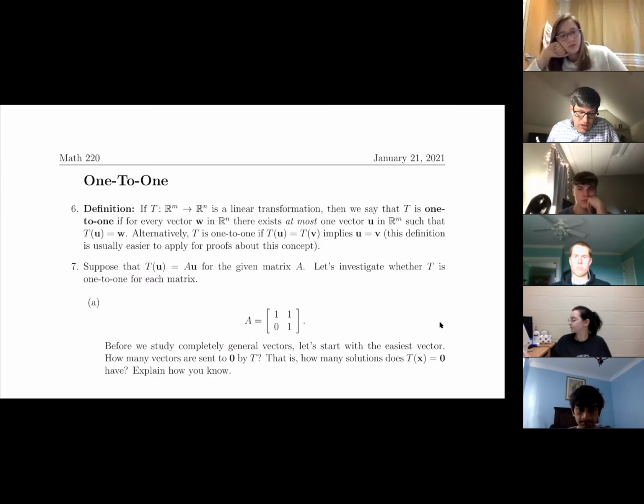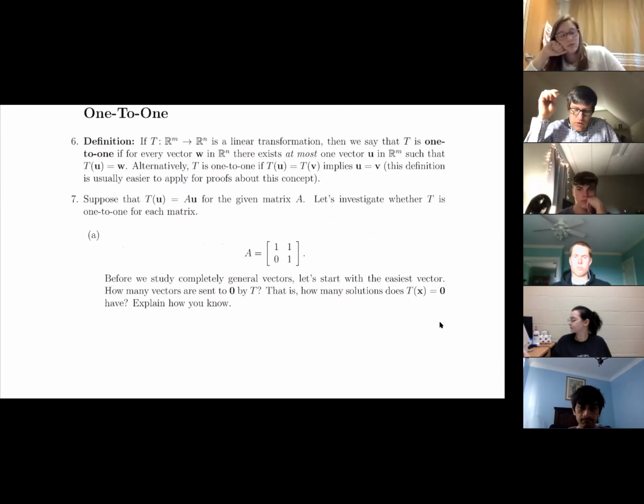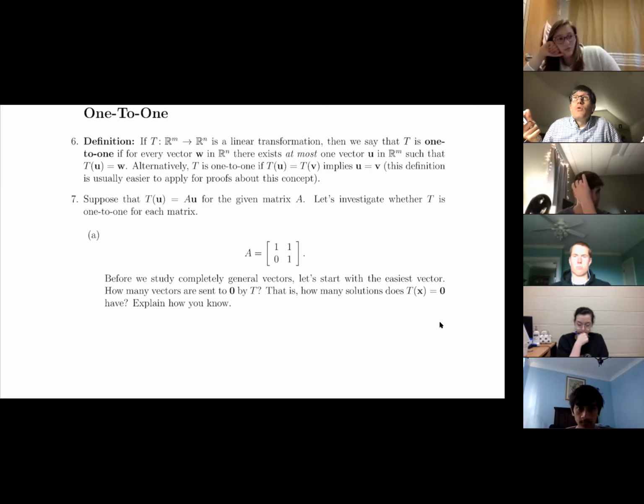I'm going to look at the definition here, number 6. Number 6 says, if T is a linear transformation, then we say that T is 1-to-1 if for every vector W in Rn, there exists at most one vector U such that T of U is equal to W. That means that different inputs have to go to different outputs, okay? Another way to say this is if T of U is equal to T of V, meaning two outputs are the same, then that implies U is equal to V, which means that the two inputs have to be the same.